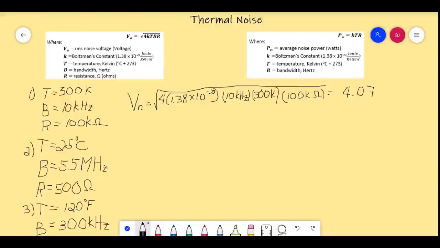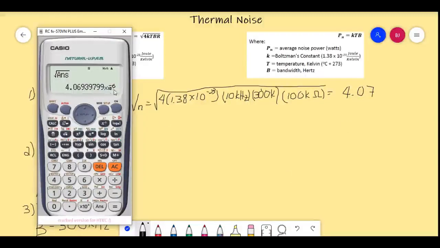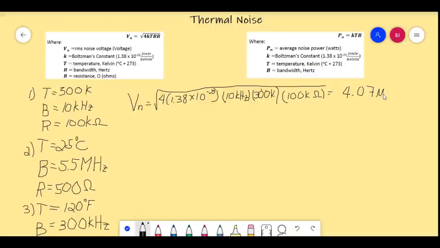By now, you should already have understood what to do with the -6. So this -6 is micro, okay? And because this is voltage, the unit is in volts. So our answer for noise voltage is 4.07 microvolts.